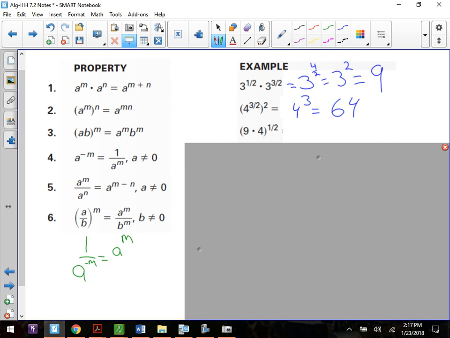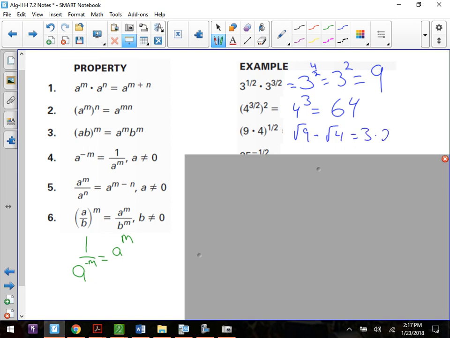What's the square root of 36? 6. You can do it a couple of different ways. So this is basically the square root of 9 times the square root of 4, which is 3 times 2, which is still 6. It still works.